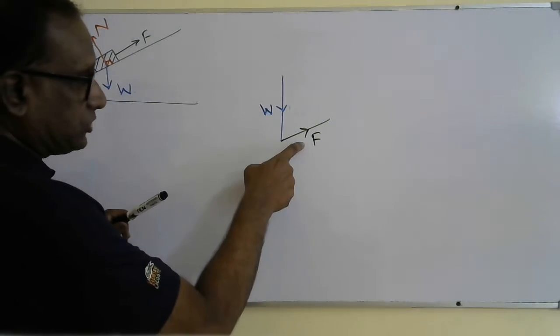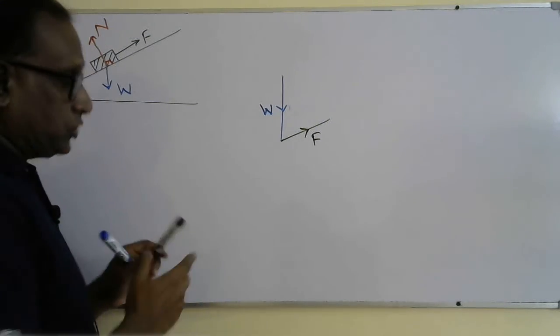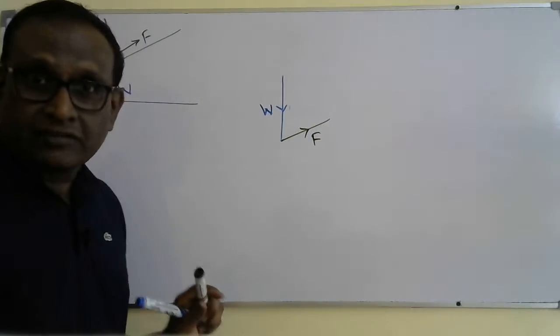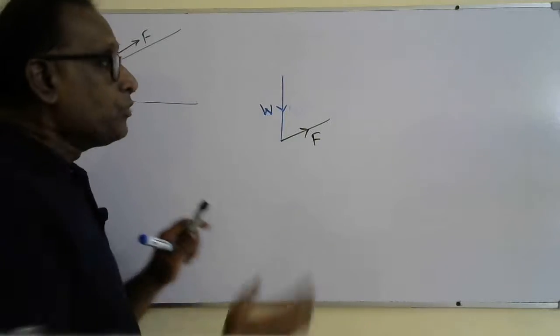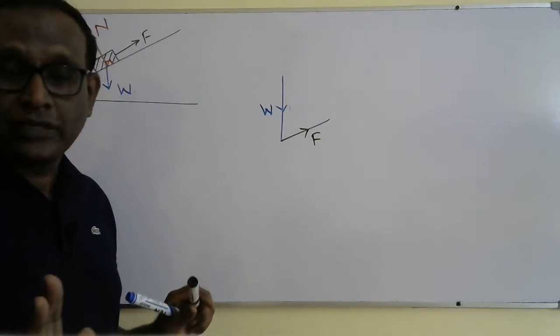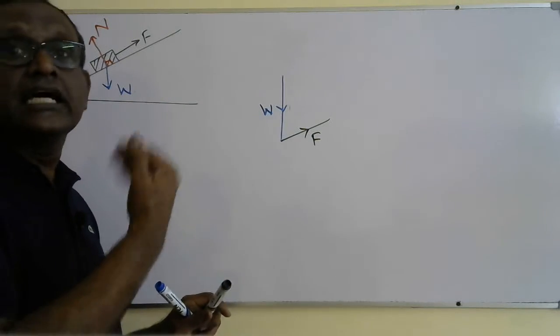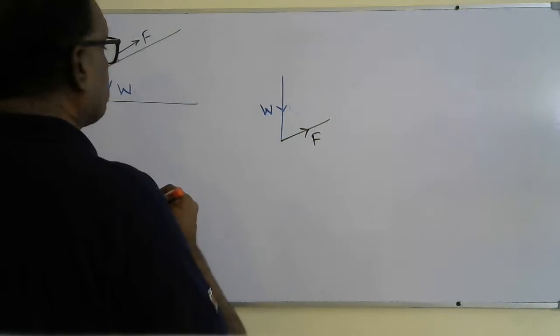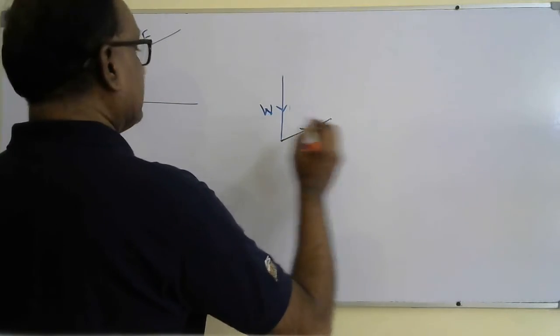End of the first, I drew the second one. Third one should be started from here. If I have numerical values and angles, everything, when I start from here, it should end up here because it is an equilibrium, at rest. I should get a closed diagram, a closed triangle. So the third one, the normal reaction, should be started from here, perpendicular.